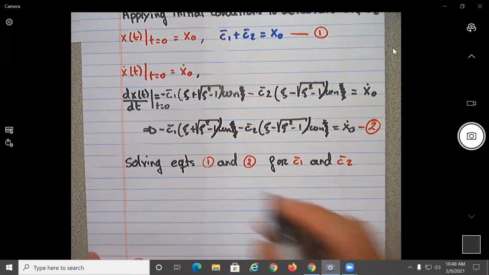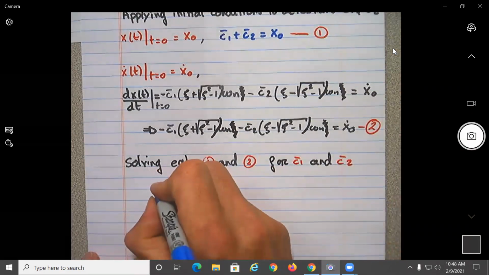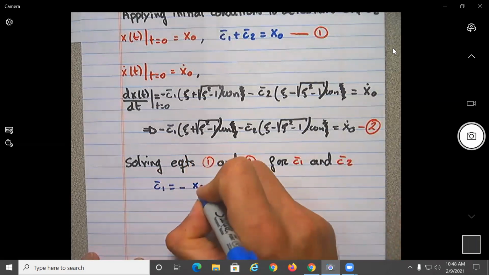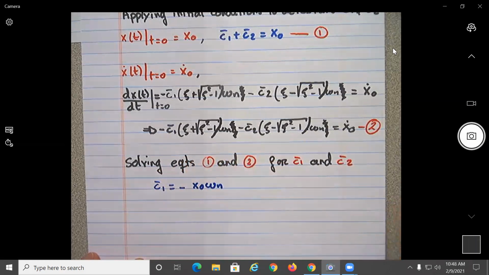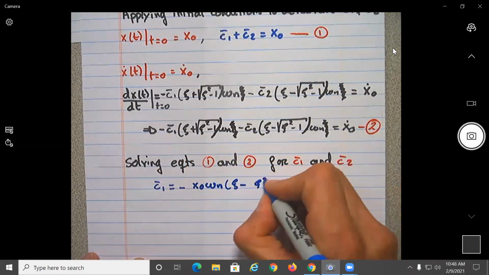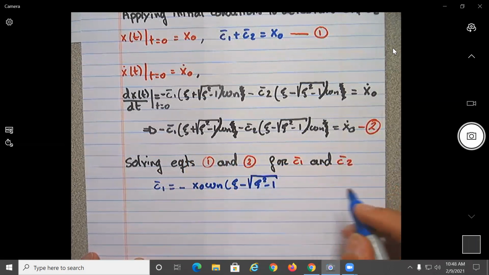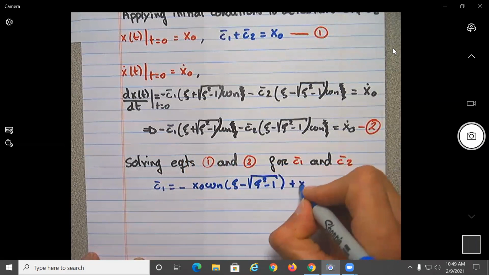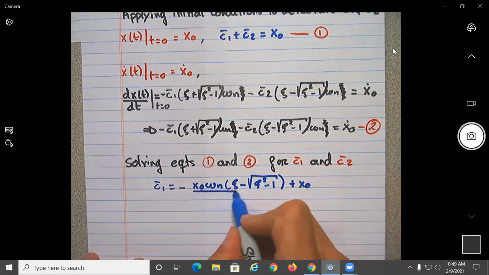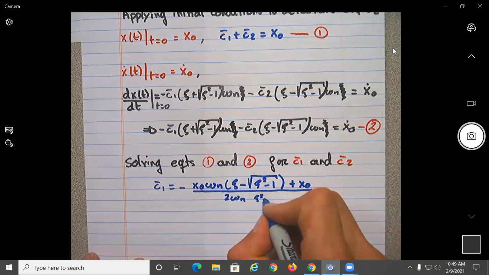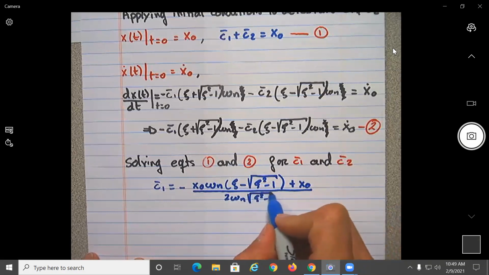So if you solve these two equations, we get that C bar 1 is equal to negative x naught omega n times zeta minus the square root of zeta squared minus 1, plus x dot naught, divided by 2 omega n times the square root of zeta squared minus 1.